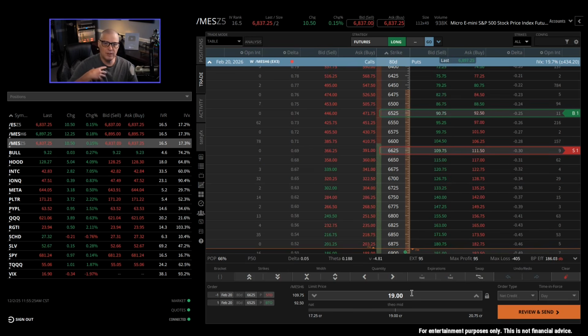So if you were doing this on a stock, because the max loss is 405, the buying power reduction would also be 405. But because futures have their own margining system, called SPAN margin, and the P in SPAN actually stands for portfolio. It has a portfolio style margining system where they base the buying power on your overall portfolio, the positions in your portfolio, and the risk on the trade.